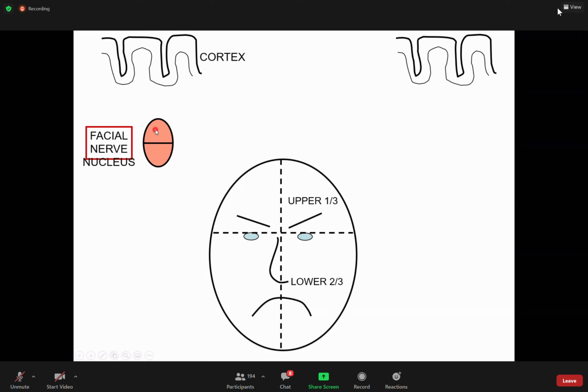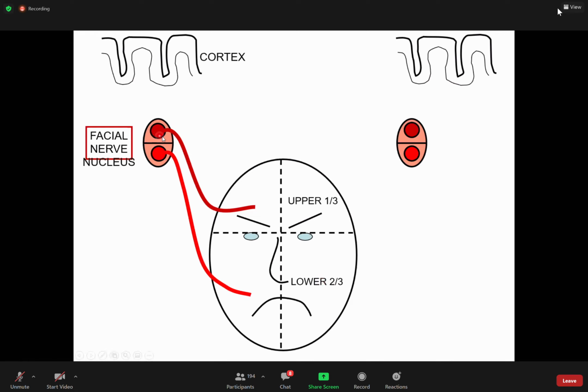The upper part supplies the upper 1/3, and the lower part supplies the lower 2/3. So if you see here, there are 2 parts of the facial motor nucleus, which is present at the level of pons. The upper part of this facial nucleus supplies the upper 1/3. The lower part of this facial nucleus supplies the lower 2/3.